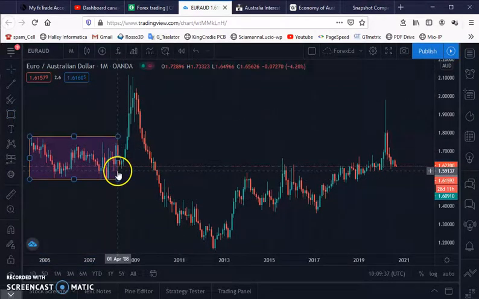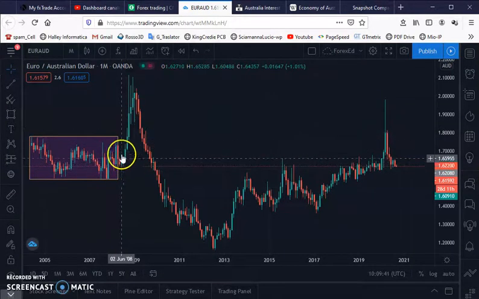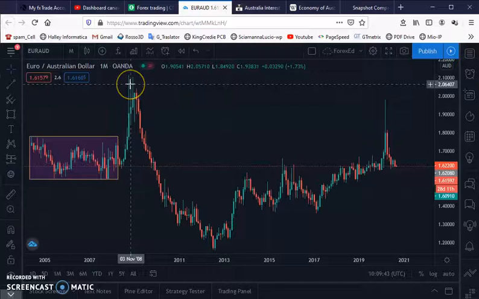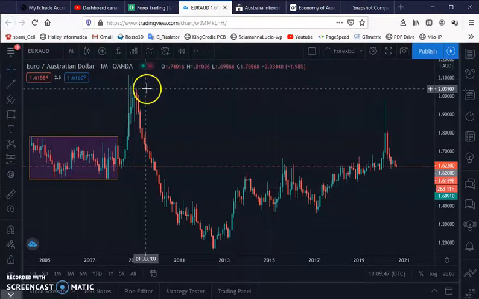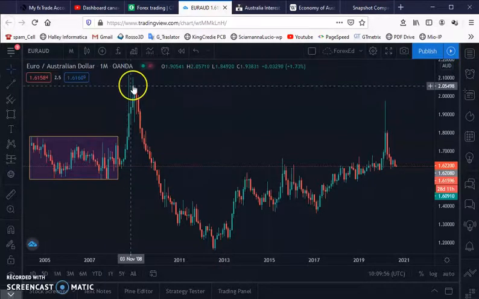And after the event of the crisis, there was a surge in the price of the euro against the Australian dollar, and the euro rising value against Australian dollars.